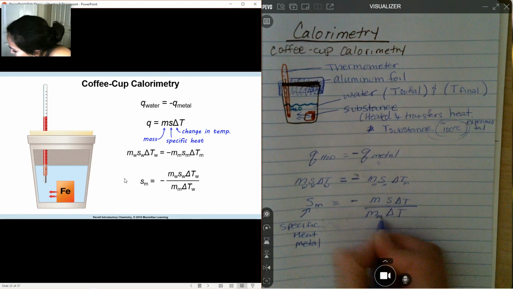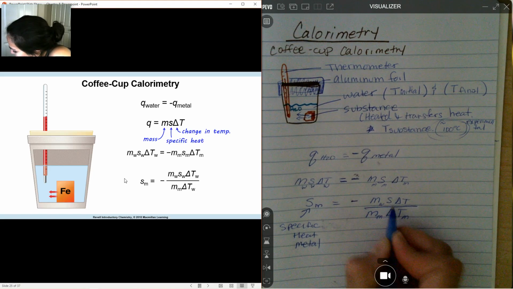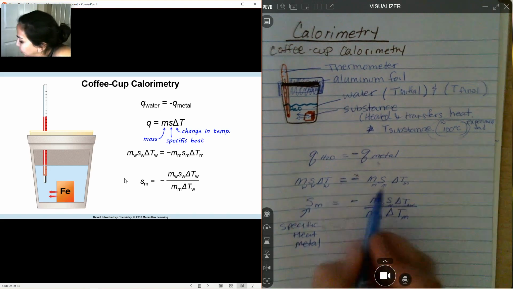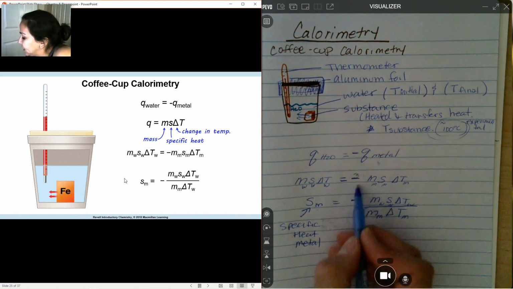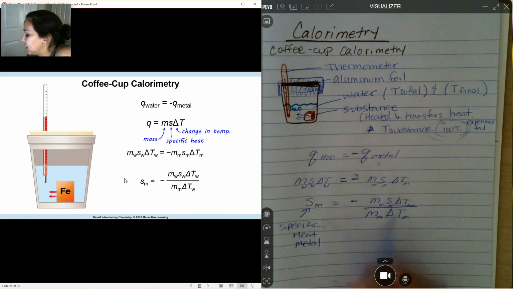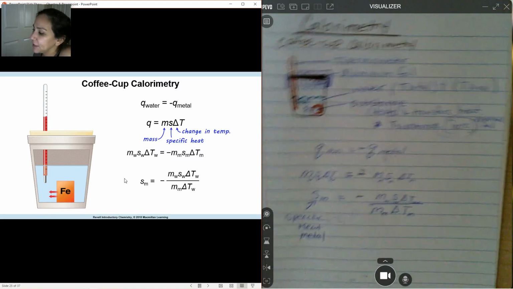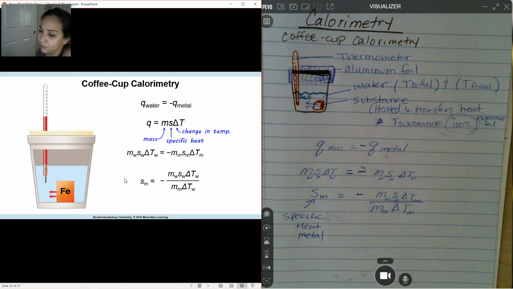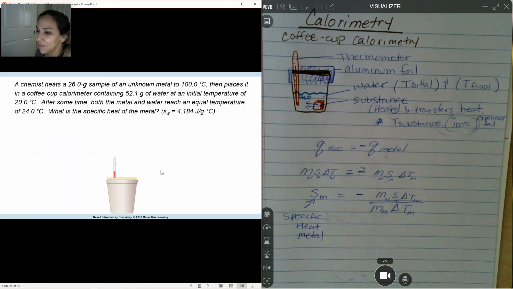These are all metals and this is all water. So all we did was divide this side by m delta T and moved it over so that we could isolate s and find the specific heat of the metal. So this is kind of like how a bomb calorimeter works. I love this type of experiments because I love collecting the data and trying to do the math with it.